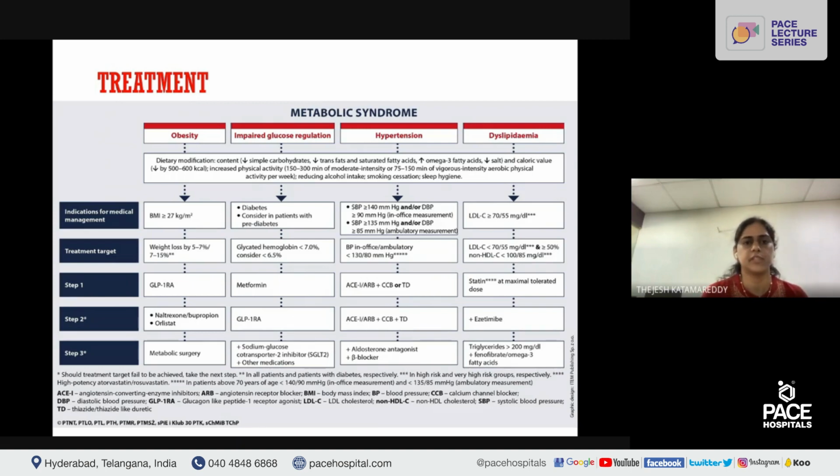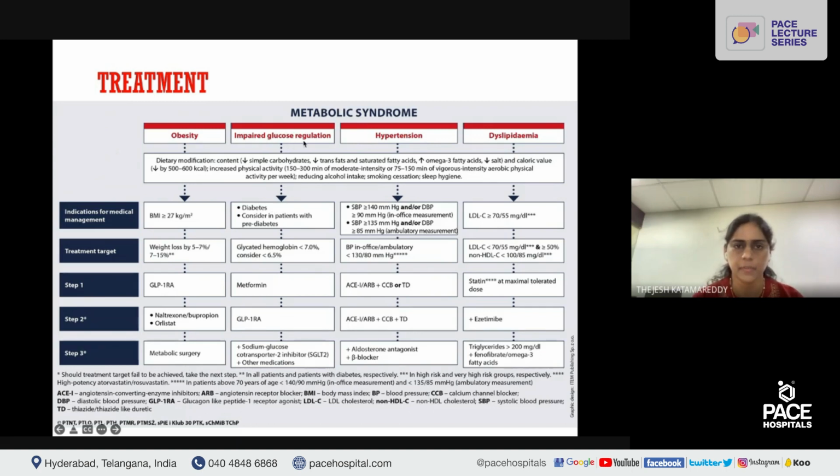First, coming to obesity, if BMI is more than 27, then the treatment target is weight loss, or otherwise we can give glucagon-like peptide agents. Step 2, if it is not responding to these, we can go ahead with orlistat, which decreases the absorption of excess food. And if all these are not working, then we can go ahead with metabolic or bariatric surgeries.